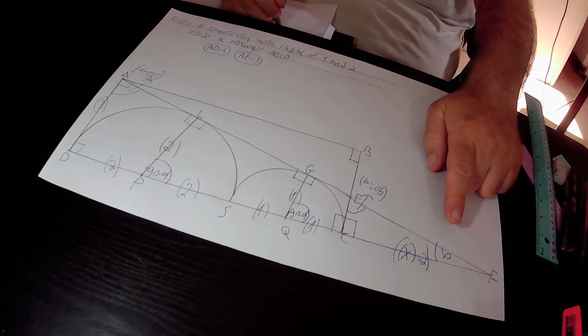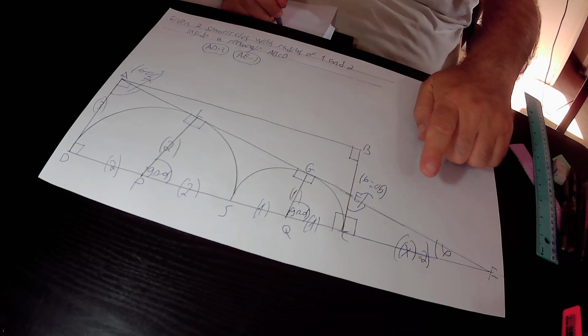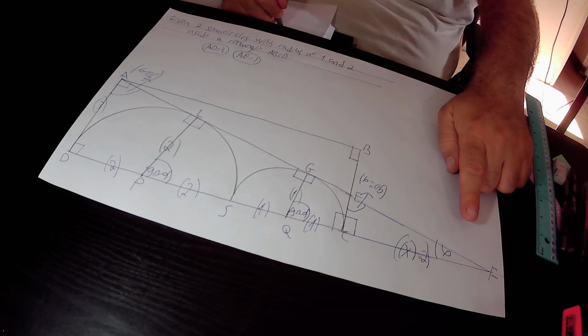If we relate to this angle alpha as it belongs to the small right triangle EFC, it will be defined as angle EFC.